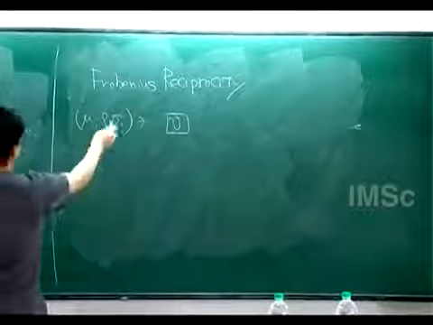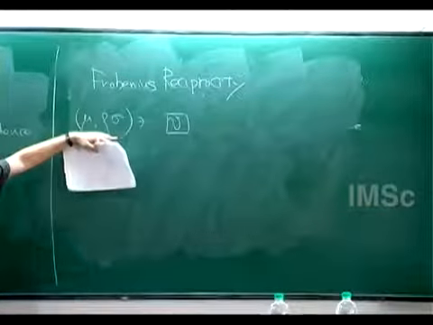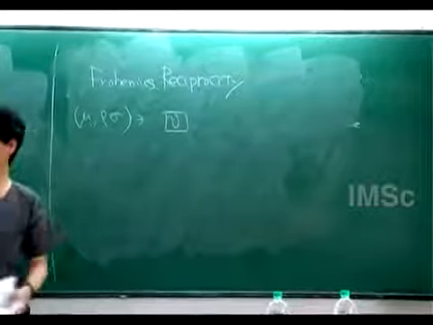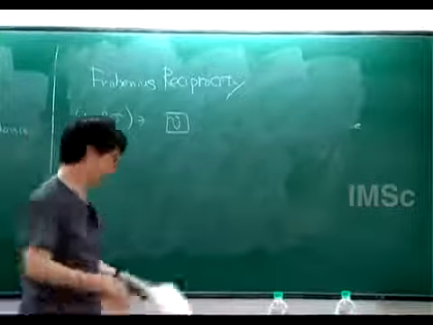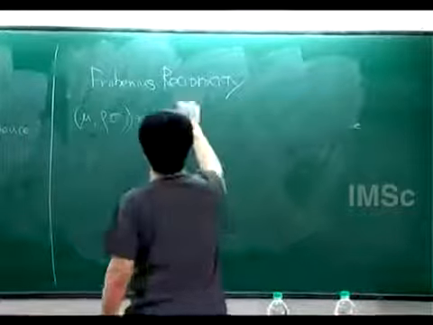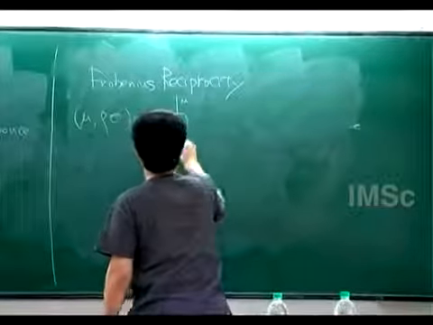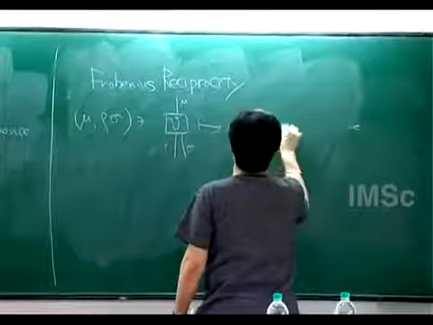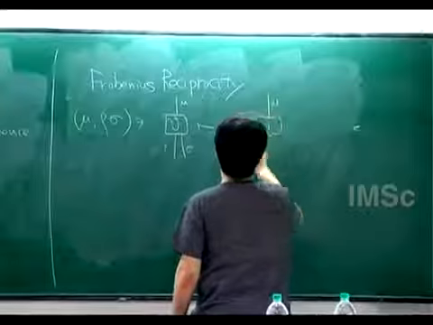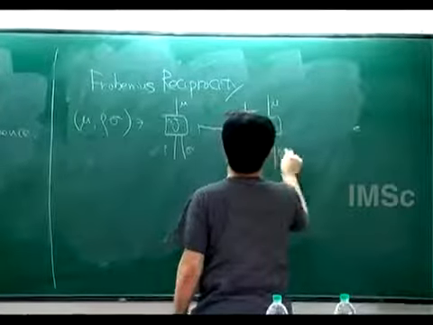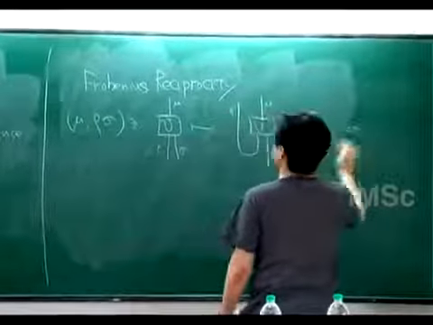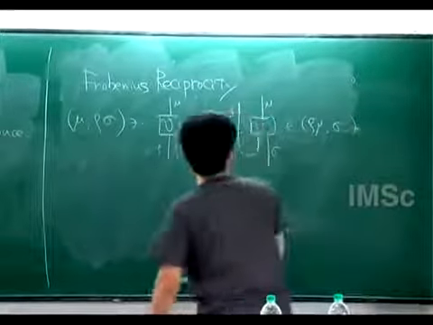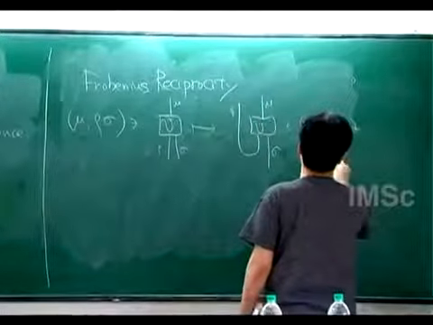Let's assume they have finite dimension. Then fix rho bar, sigma bar, and R rho bar, R sigma bar. Then you can define the following map. And this is a linear isomorphism.